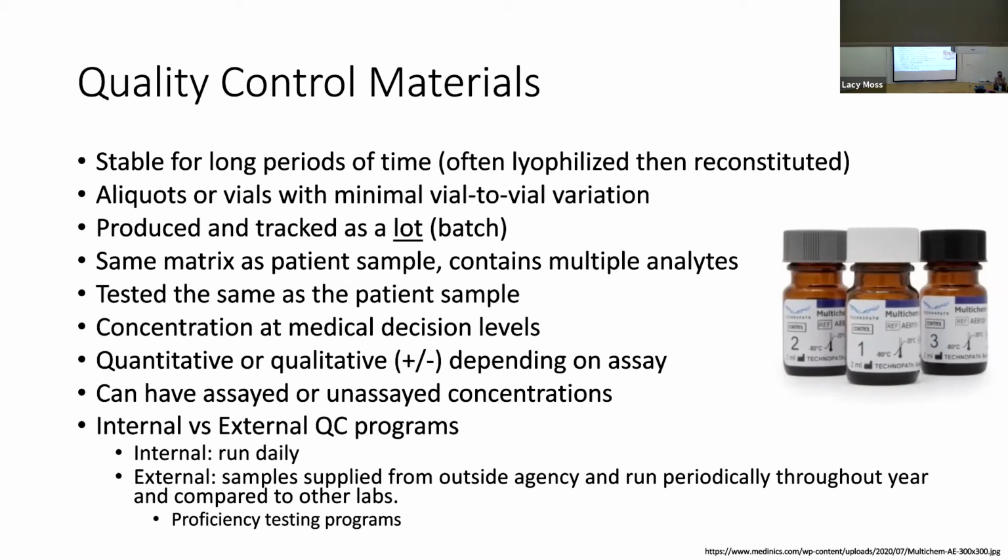Or they say, you did not get what everyone else got, and that is a problem, so we're keeping our eye on you. And if you fail again, we're going to basically make it so you can't test for this analyte until you prove that you can do it. So they're kind of like the overlords, making sure that the labs are doing a good job compared to other labs. This is called a proficiency testing program.